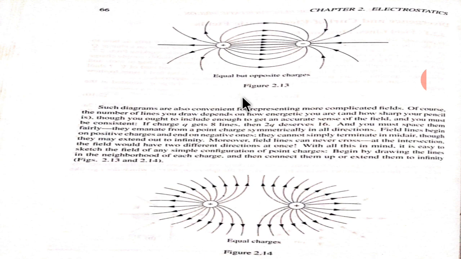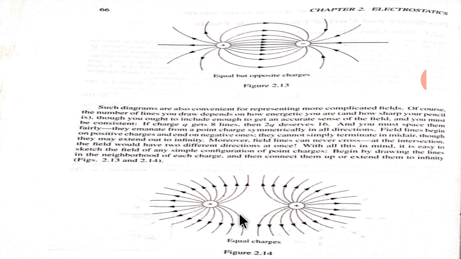Now if we consider two charges, that is positive and positive, then the description of the lines is like this. They go in the outward direction because these are positive charges, and the diagram is shown like this.